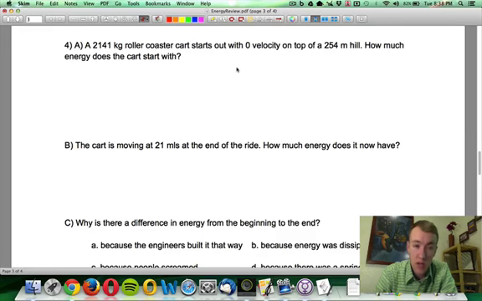Hasn't done anything yet, so there can't be any energy dissipated. There's no spring or elastic energy because it doesn't mention anything about a spring being stretched or compressed. And it does say that it's up on top of a hill, so that's going to tell me that we have gravitational potential energy here. Gravitational potential energy, and the equation for that is mass times gravity times height.